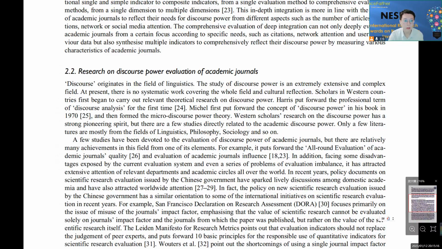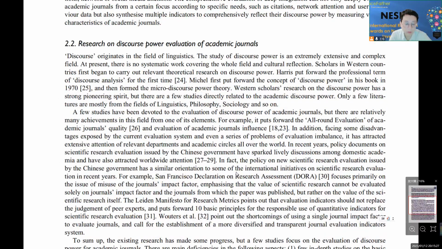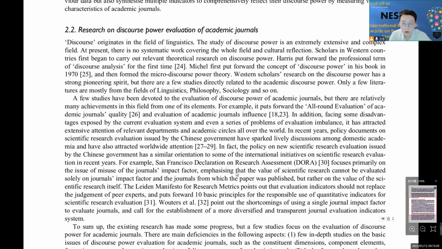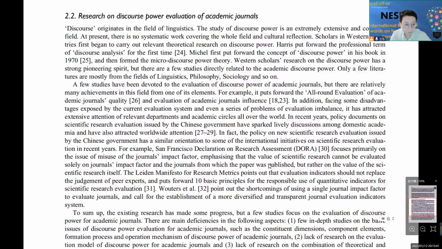Scholars in Western countries first began to carry out the relevant theory research on discourse power. A few studies have been devoted to the evaluation of discourse power of academic journals, but there are relatively many achievements in the field from one of its elements.